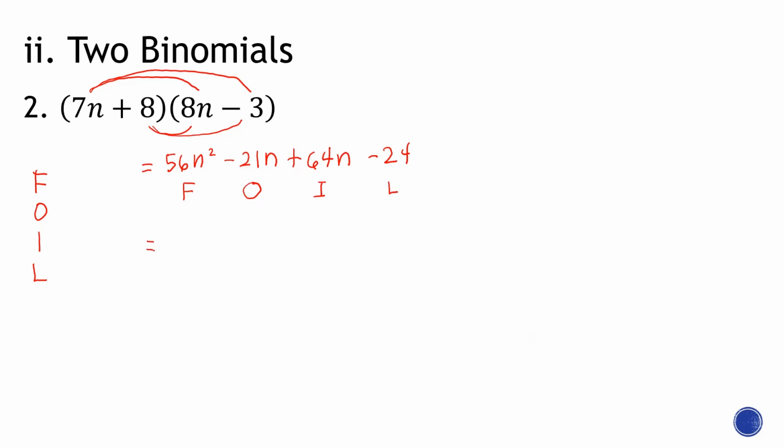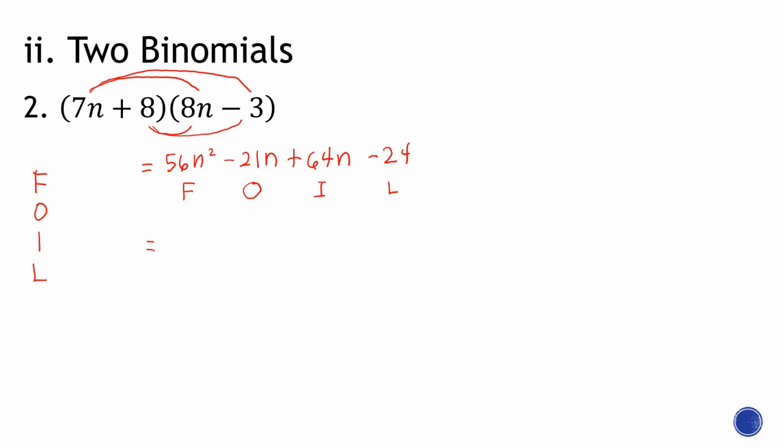So FOIL means first terms, they are 7n and 8n. O means outer terms, they are 7n and negative 3, and the result of O is negative 21n. I means inner terms, they are 8 and 8n, and the result is 64n. And then L means last terms. After that, check the expression.